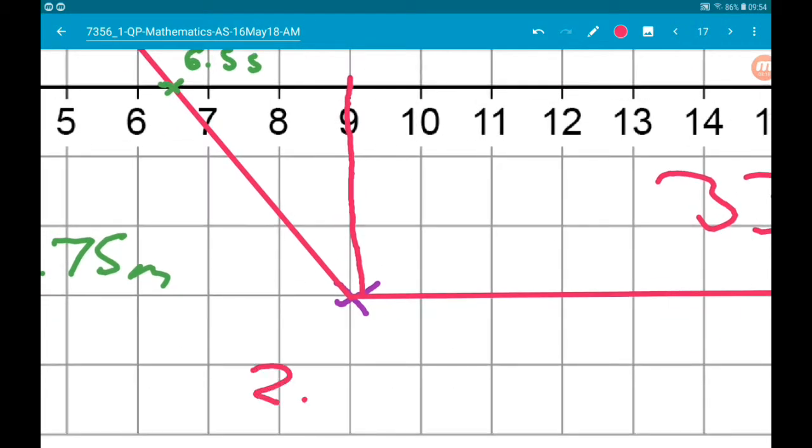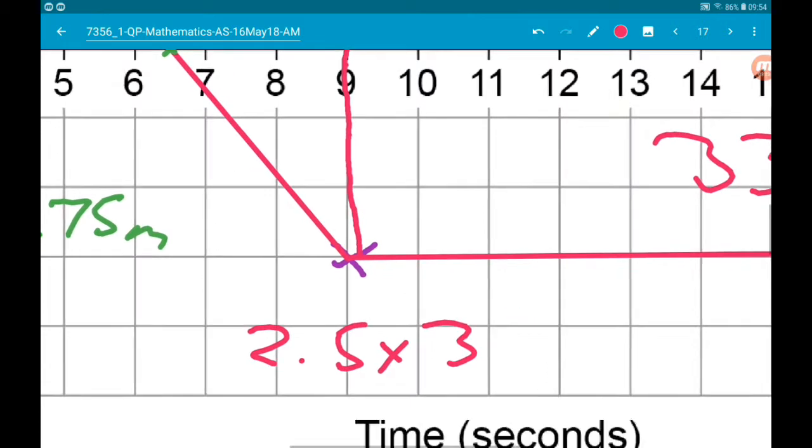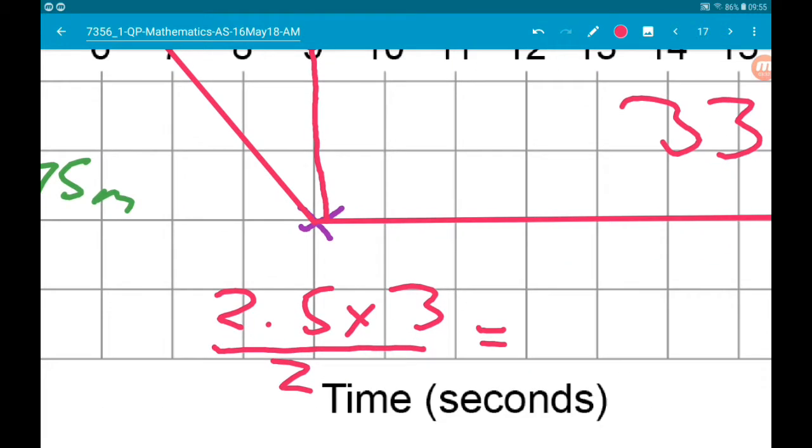So 2.5 times 3 divided by 2 is 7.5 divided by 2, which is 3.75 meters.